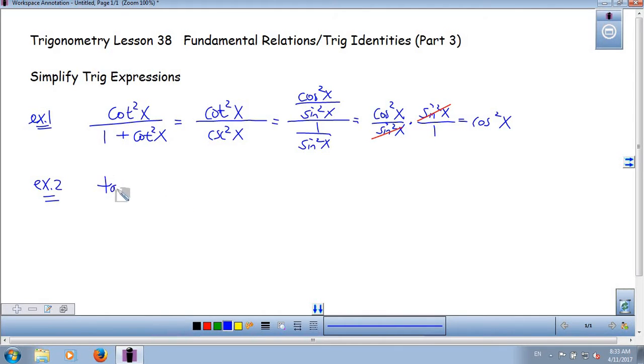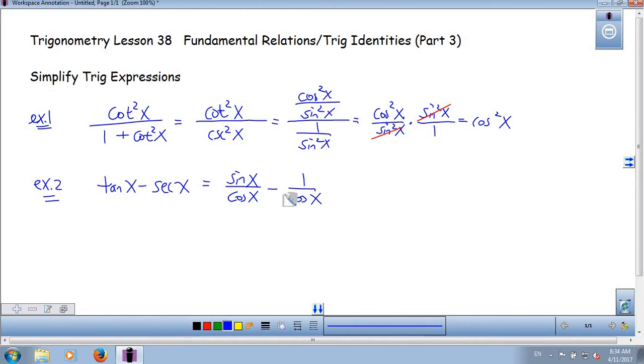What about tangent x minus secant x? Tangent x and secant x don't seem to have anything in common, but let's write them using other expressions. We can write tangent as sine over cosine, and we can write secant as 1 over cosine.